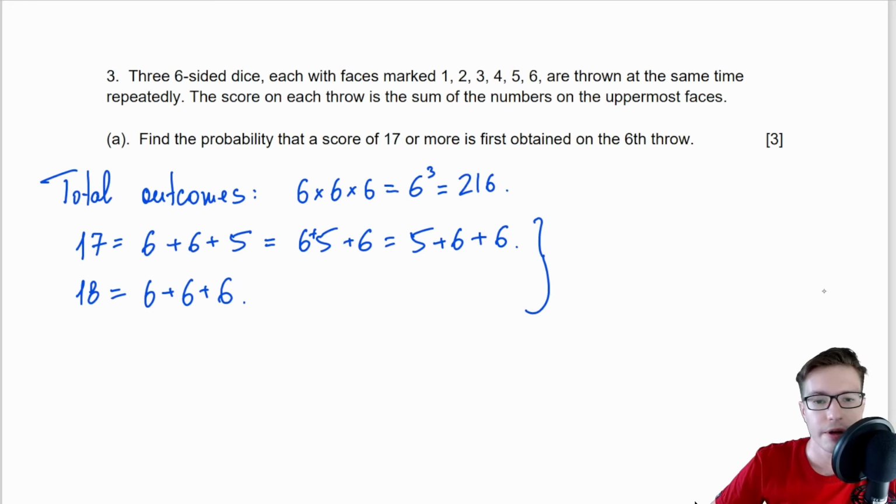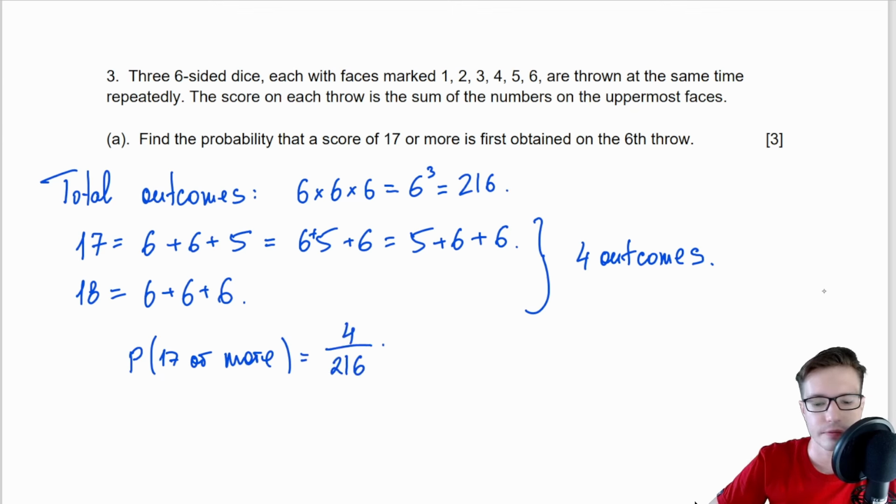Now, altogether, we have 4 possible outcomes. So that means the probability to roll the score of 17 or more is going to be 4 over 216. And if it's simplified, we'll get 1 over 54.